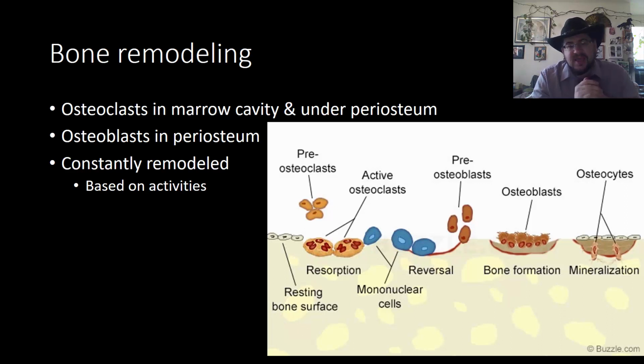So, osteoclasts are important for releasing extra calcium. And then you have the interaction of osteoblasts and osteoclasts constantly adjusting the thickness of a bone. So, the more a bone is used, the more impact a bone experiences, the more those osteoblasts will build it up.